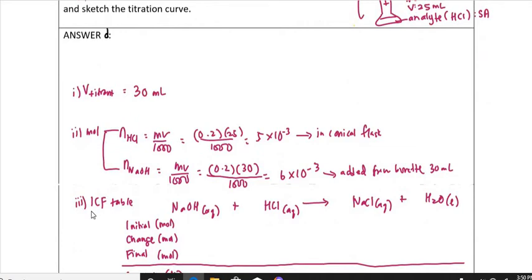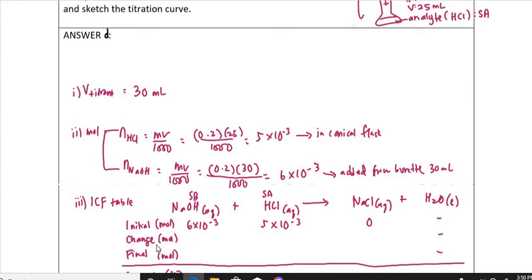Okay, next step you have to do ICF table. As usual, you start with the equation. What is the equation? Equation reaction titration. That means strong base and strong acid here. Okay, initial, change and final mole in the unit. Okay, so initial mole for NaOH from part 2, 6 exponent negative 3, 5 exponent negative 3, 0, H2O not involved.